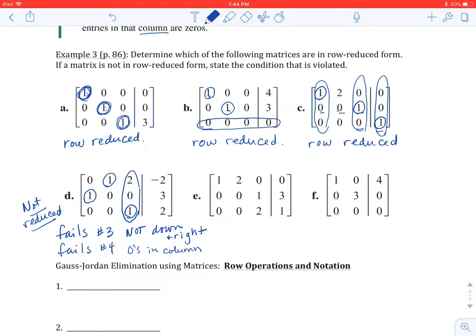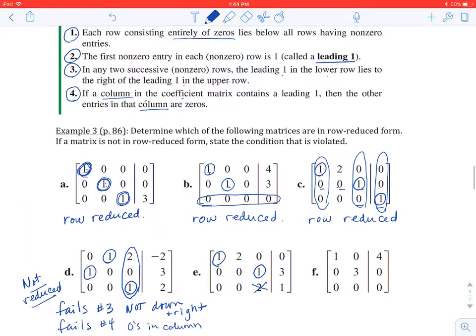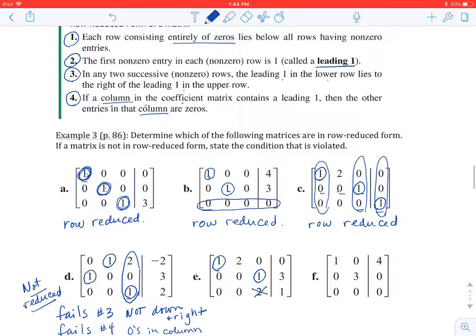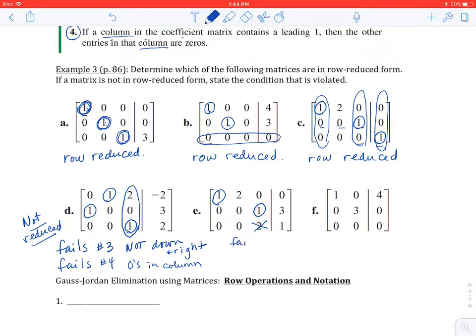All right, what about E? Well, no row of all zeros, so we don't have to worry about that. Here's the first one. Here we've got 0, 0, 1. Uh-oh, 0, 0, 2. That's a problem. So the third row does not start with a first non-zero entry that's 1. So this one fails number 2.